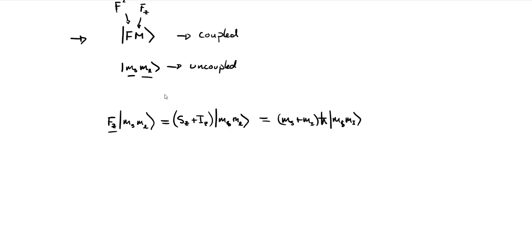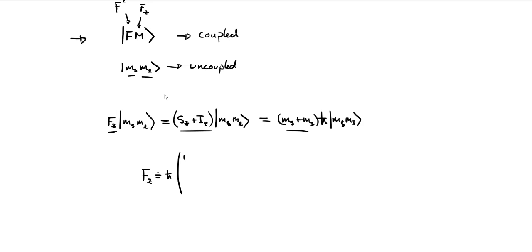And so we can immediately see what this matrix representation is in the uncoupled basis. This F sub Z operator commutes with these operators, so we expect them to have the same eigenstates. And F sub Z in the uncoupled basis is diagonal, right? If we're looking at the spin-1/2 system of our electron and our proton, for the up-up state, this is just going to be 1.